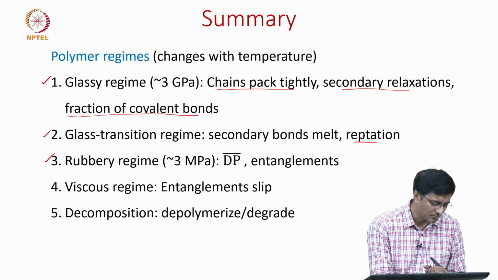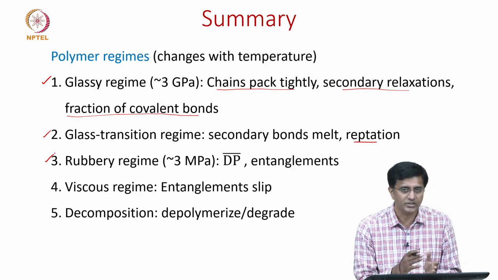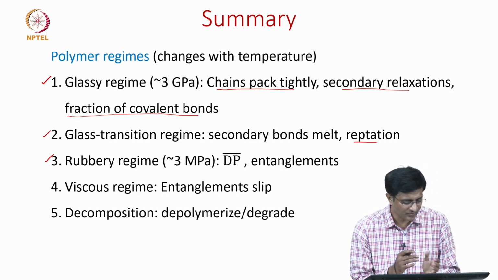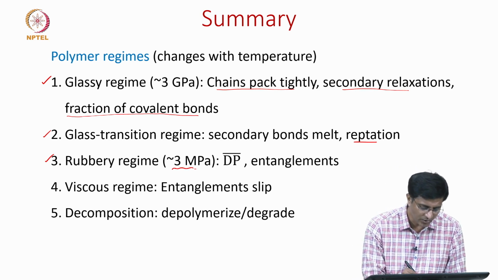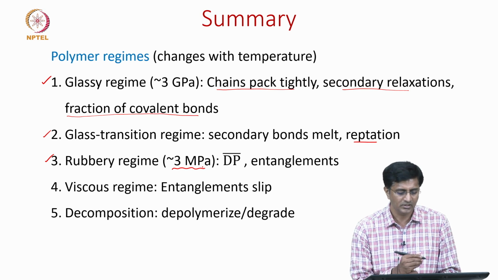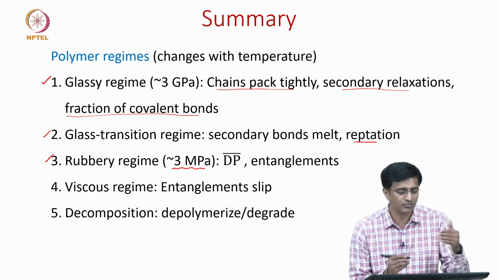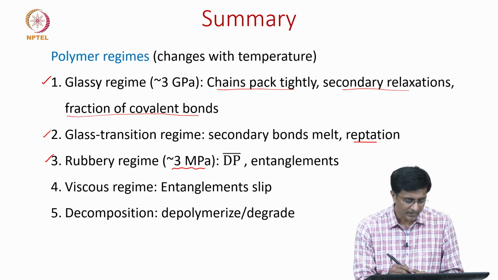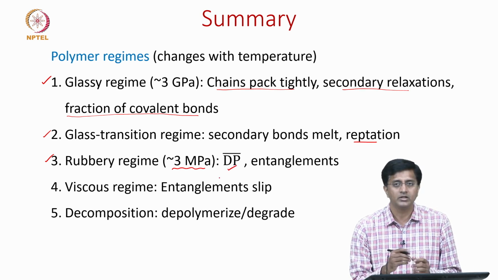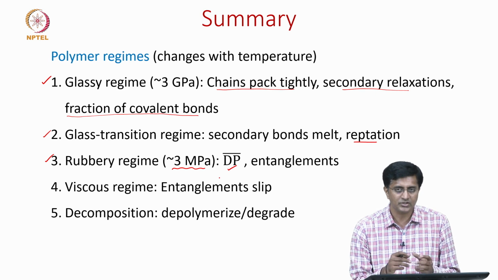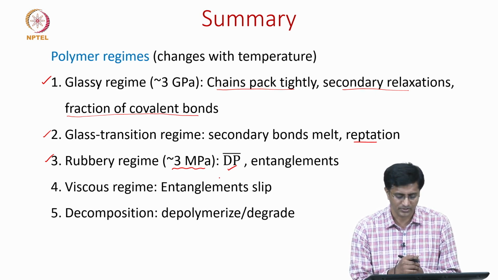And if the temperature is much beyond the glass transition, that is when we get into the rubbery region, where the modulus decreases to about 3 megapascal, starting from 3 gigapascal for glassy regions. And whether we have a rubbery regime or not depends on the length of the polymer chains or the average degree of polymerization.